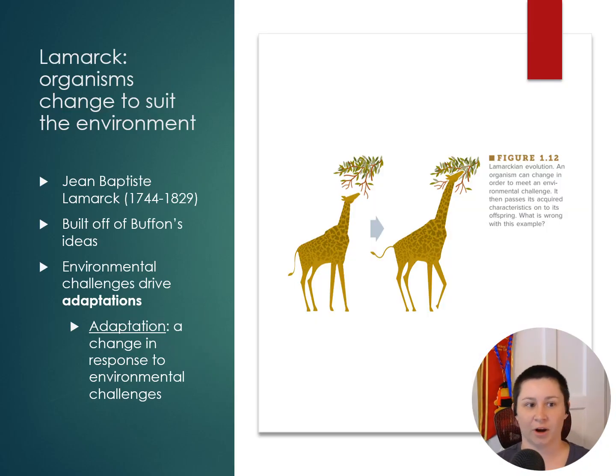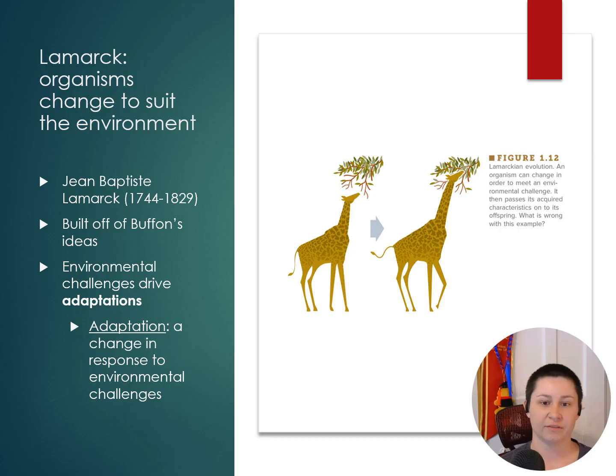Then we have Lamarck. This guy's important. Lamarck said that organisms change to suit the environment. So he's kind of putting two and two together here based off of what Buffon was saying. He said that environmental challenges are what drive adaptations. So in this figure of these giraffes, an organism can change in order to meet an environmental challenge.